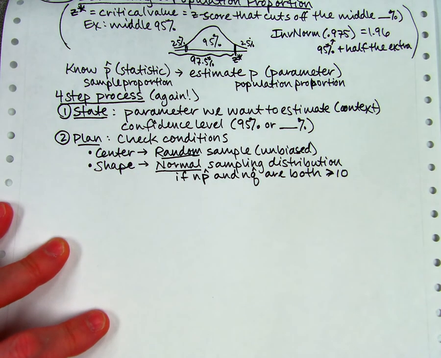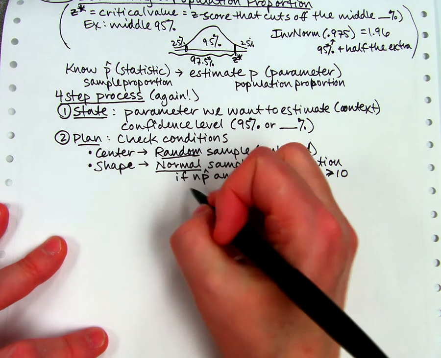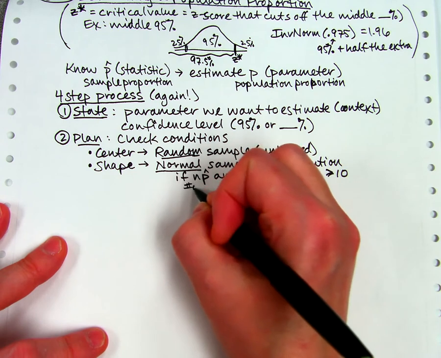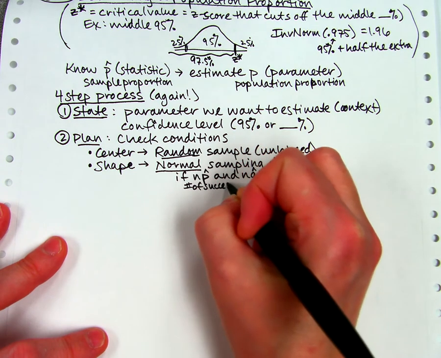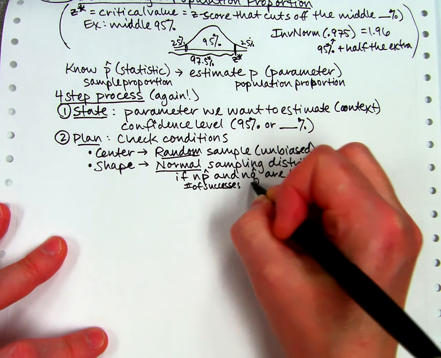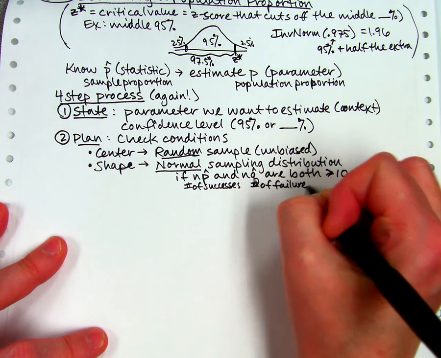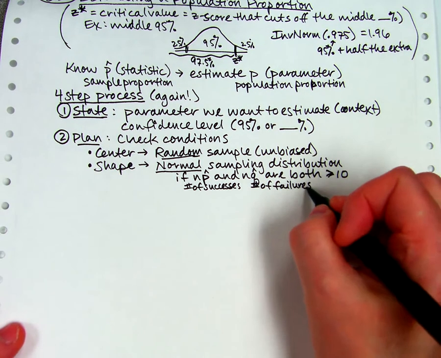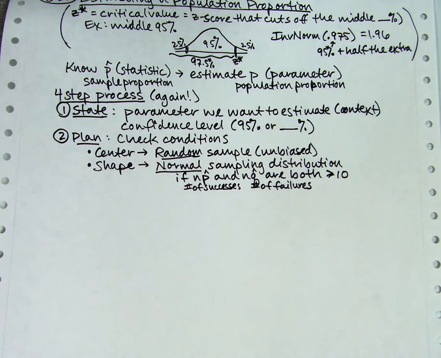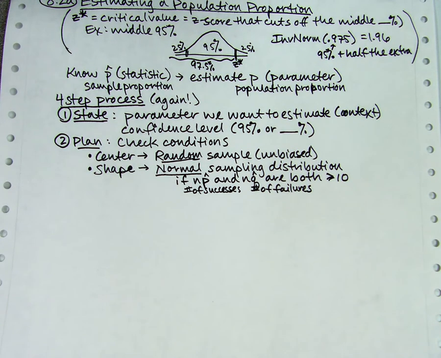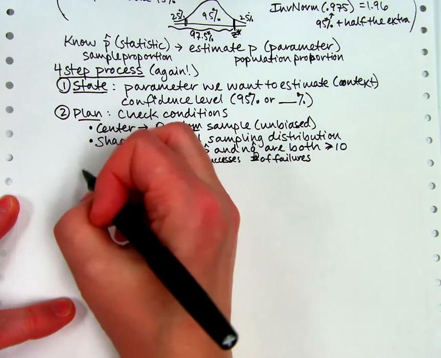And q hat both have to be bigger than 10. That's basically the number of successes in our sample and the number of failures in our sample. We have to have our sample big enough to have at least 10 successes and 10 failures to make the calculations accurate. That's something we can control if we're actually gathering the sample ourselves.